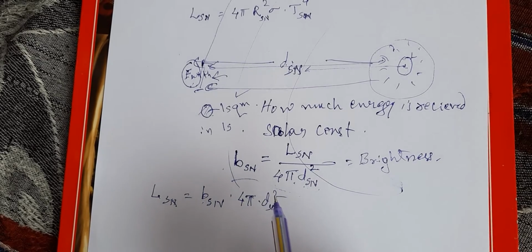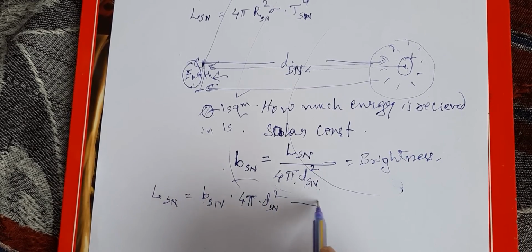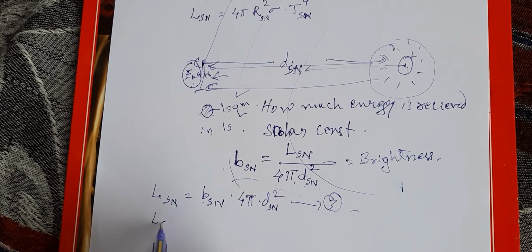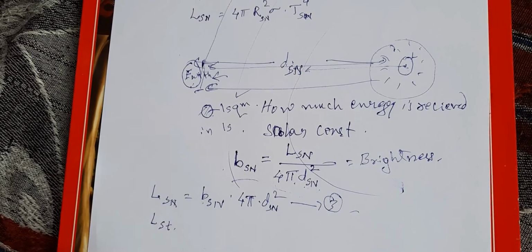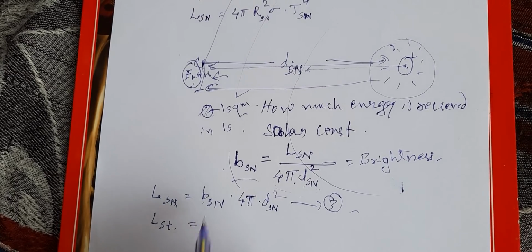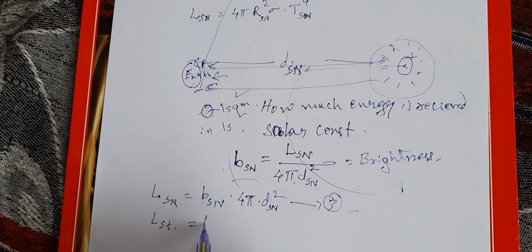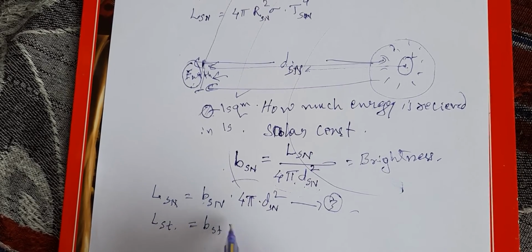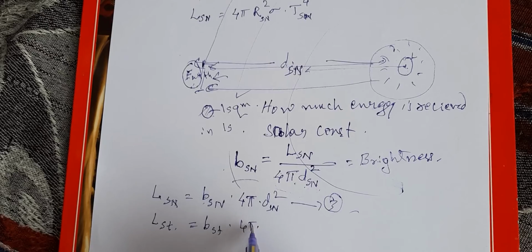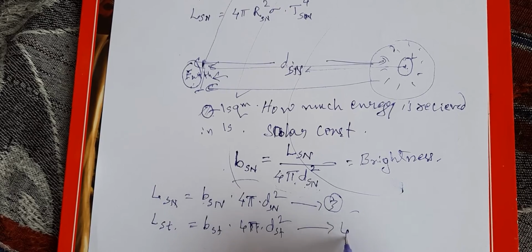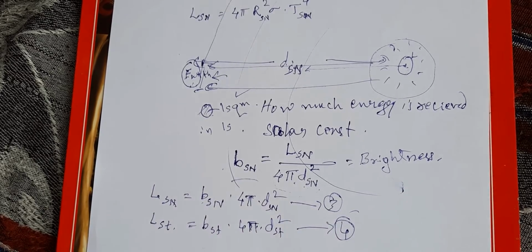Call this equation 3. You can also calculate the luminosity of a star in terms of the brightness that is received on earth: B star into 4 pi into the distance of that star from the earth squared. Let's call this equation 4.